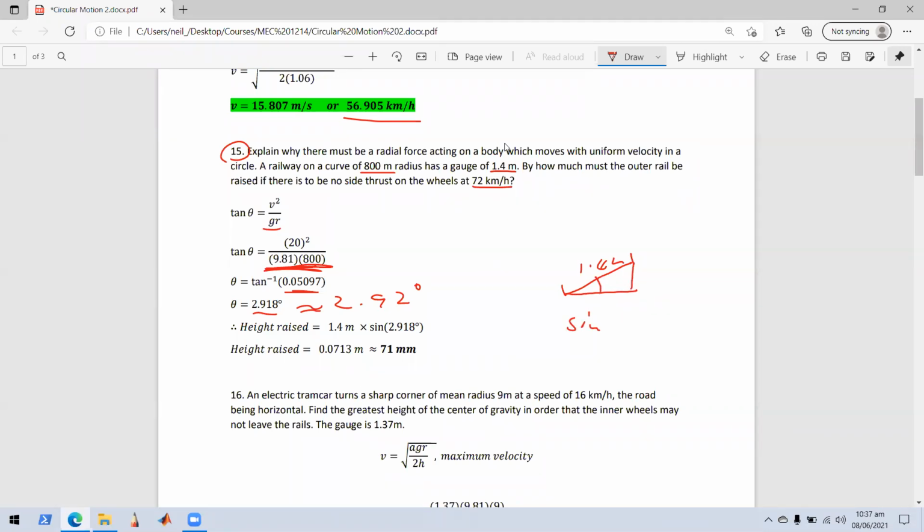So sine of theta is equal to whatever this is, let's call it L or H, over the hypotenuse, which is 1.4. So we just multiply 1.4 sine theta. And we should end up with a height raised of 0.0713 meters, or 71 millimeters.